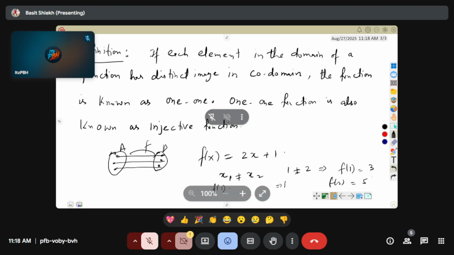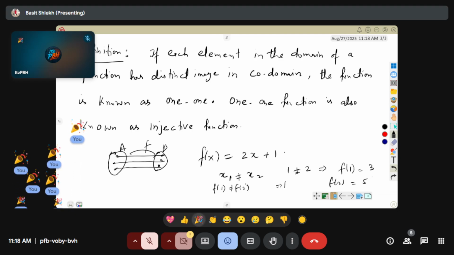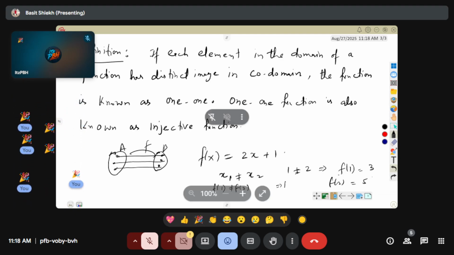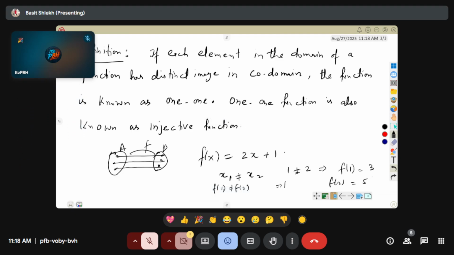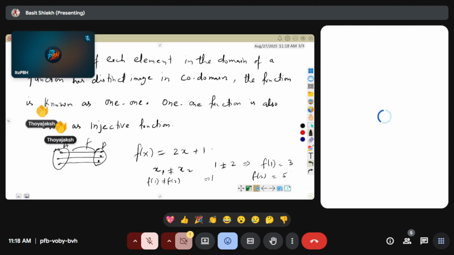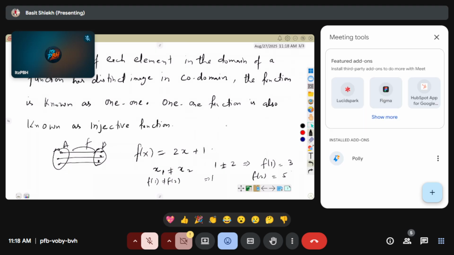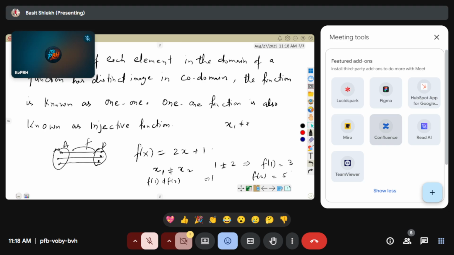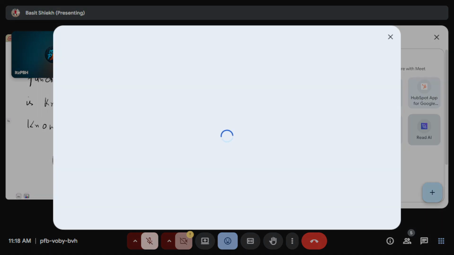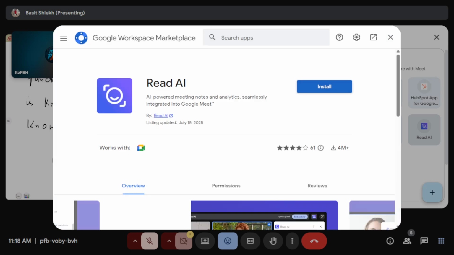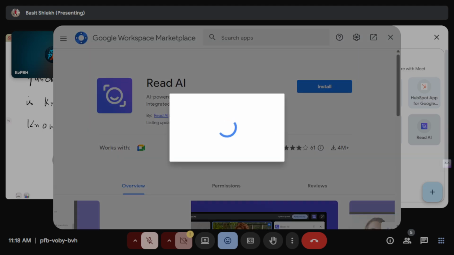We took 1 and 2 and got that they are not equal. Similarly, if we take any x1 not equal to x2, these functions are defined from R to R if nothing else is given. We got f of x1 not equal to f of x2. So this is one-one.